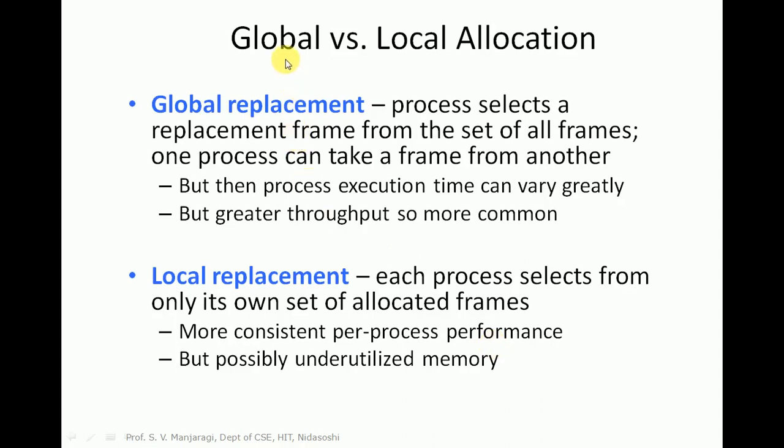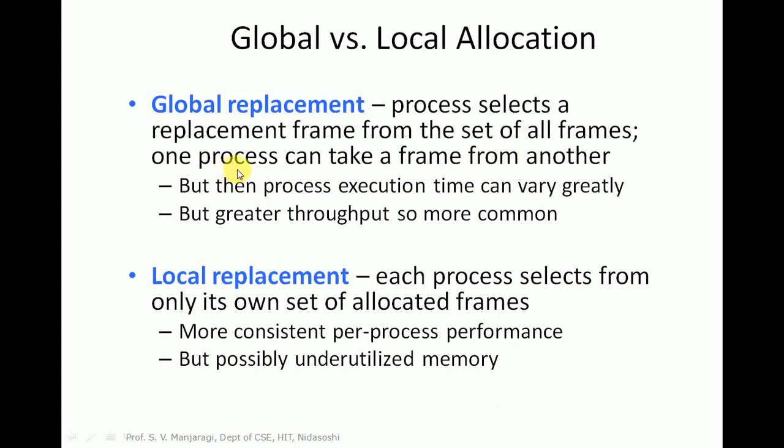Now let us move on to global replacement and local replacement. Global replacement is basically where we go for page replacement by considering all the processes. It means a process selects a replacement frame from the set of all frames.